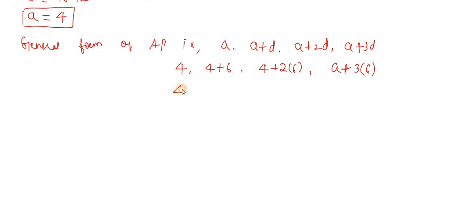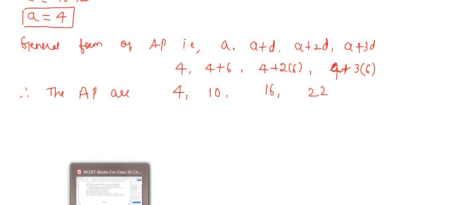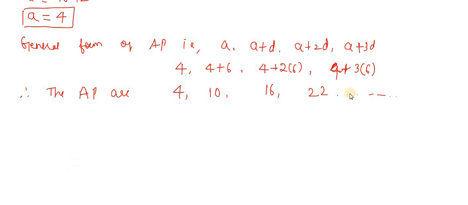So 4, 10, then 6 twos are 12, 12 plus 4 is 16, then 6 threes are 18, 18 plus 4 is 22. Therefore the AP is 4, 10, 16, 22, and so on. You can find many. I hope all of you understood.